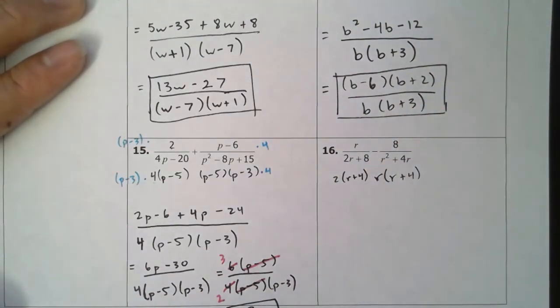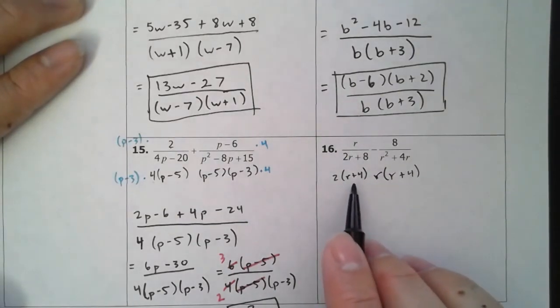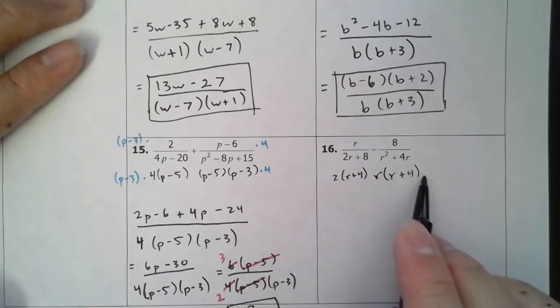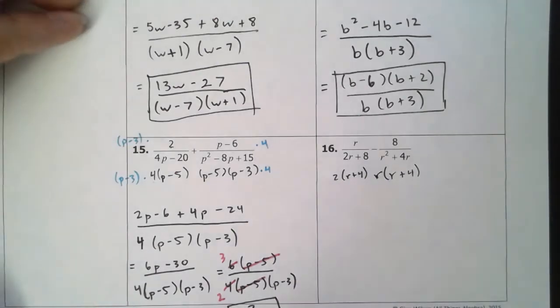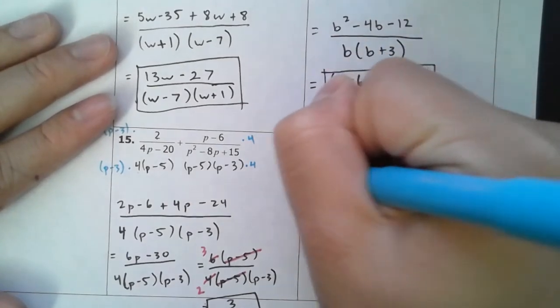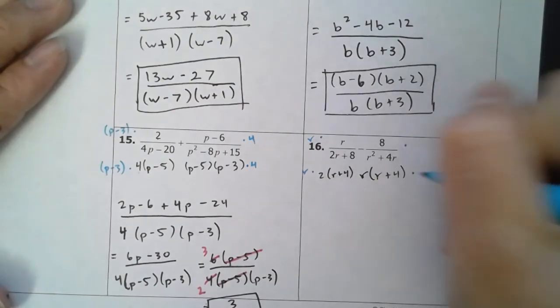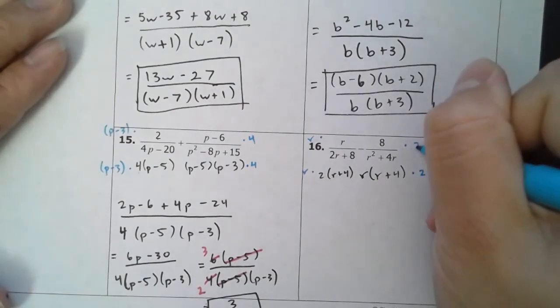So we're almost the same, r plus 4, but this one has a 2, this one has an r, so this one's lacking a 2, this one's lacking an r. So multiply top and bottom here by r, and you're going to multiply top and bottom here by 2.